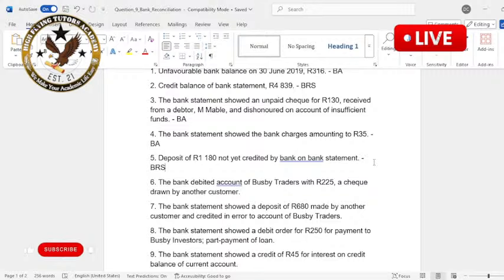Then we need to record that in the bank reconciliation statement. We go and correct that in the bank reconciliation statement.